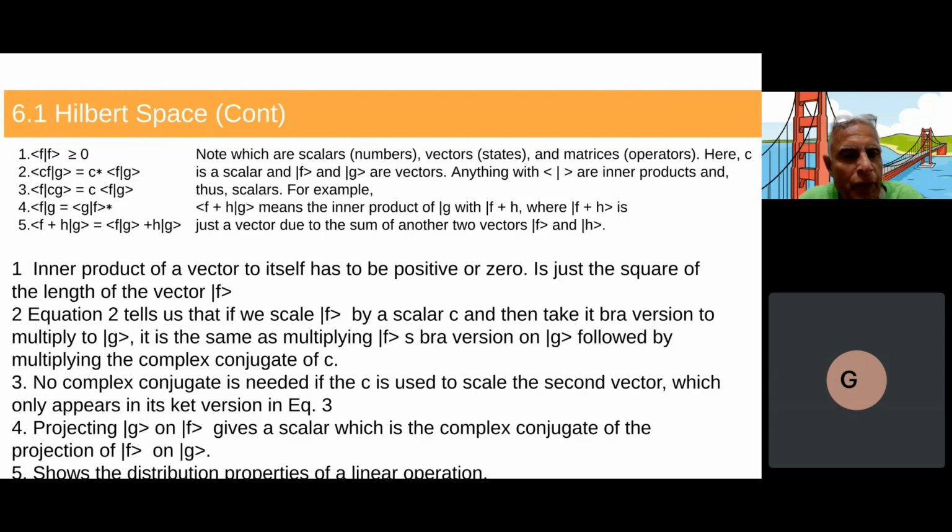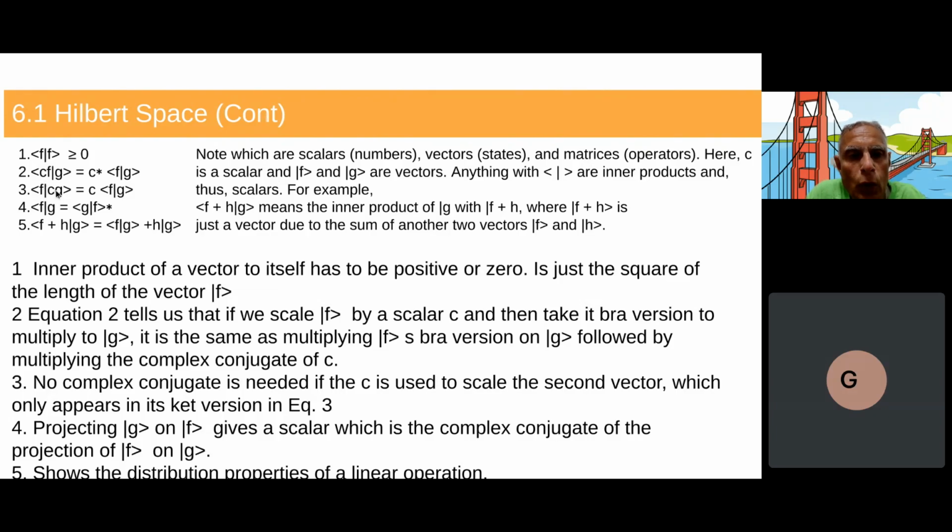That is one condition. Second, if you look at the scalar, which is nothing but either a real or a complex number, assume it is complex.